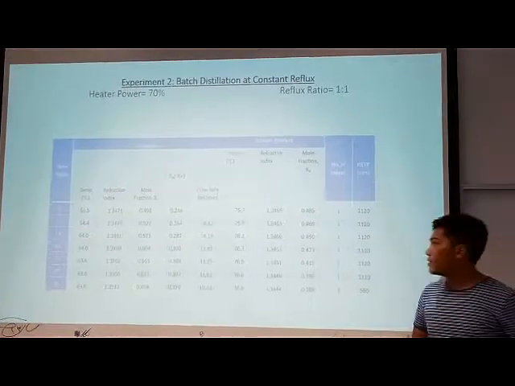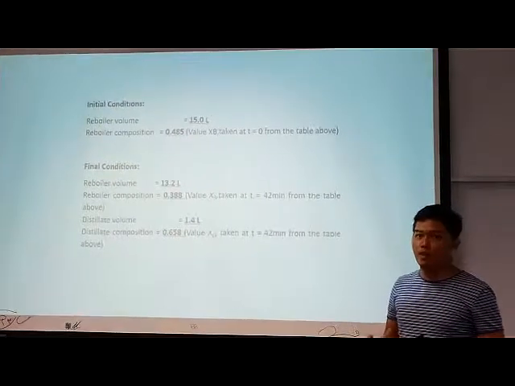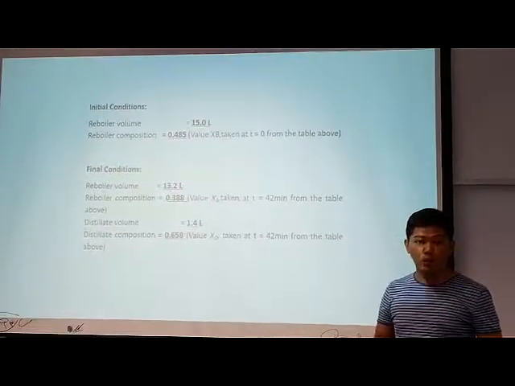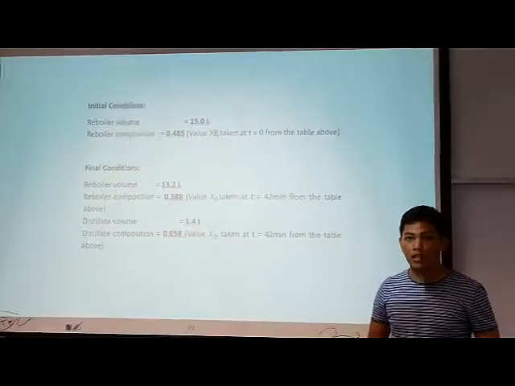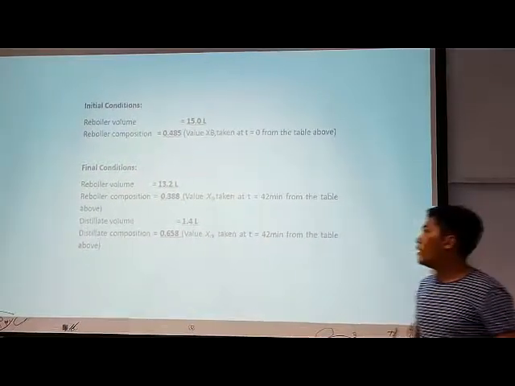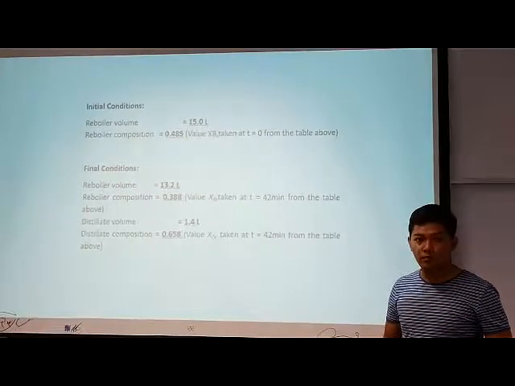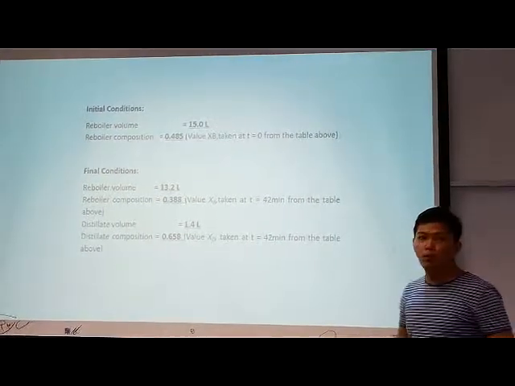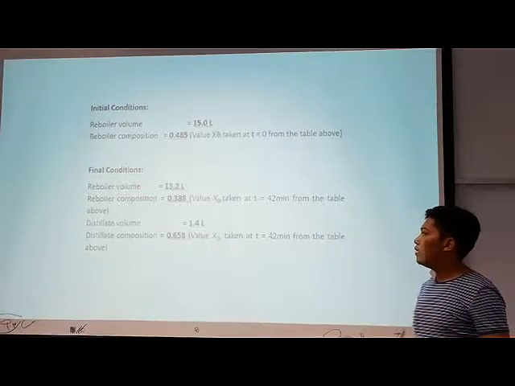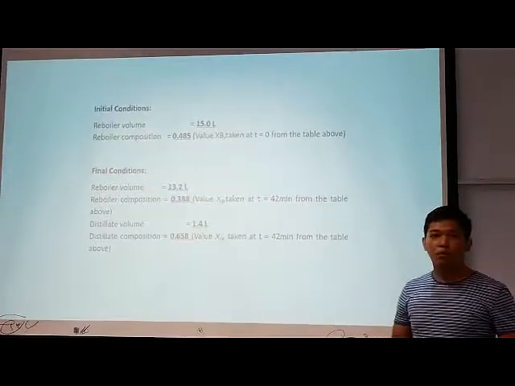Moving on to the next slide. This is the initial condition before we start the experiment. The reboiler volume is 15 liters and the composition is 0.485. At the final condition, the reboiler volume is 13.2 liters and the composition is 0.388. And the distillate volume is 1.4 liters.